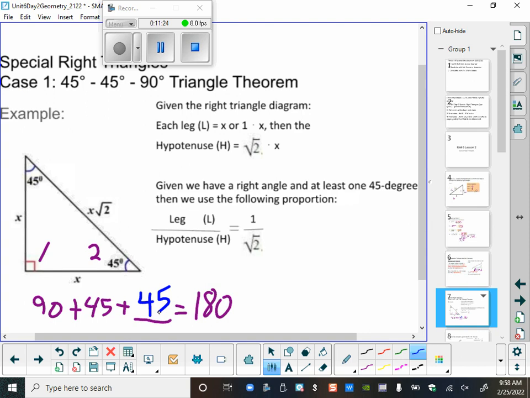But what I am going to say, and you might want highlighters or colored pencils for today, because I want you all to take note. This is actually a proportion.